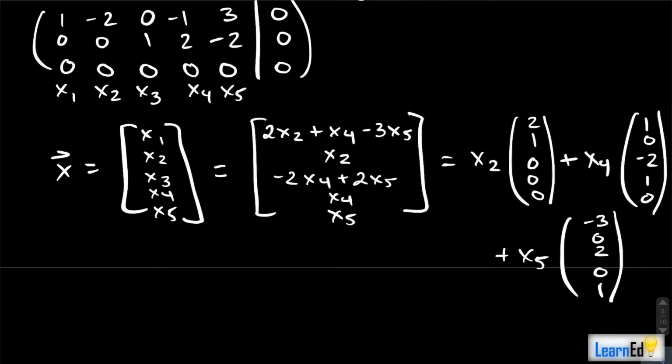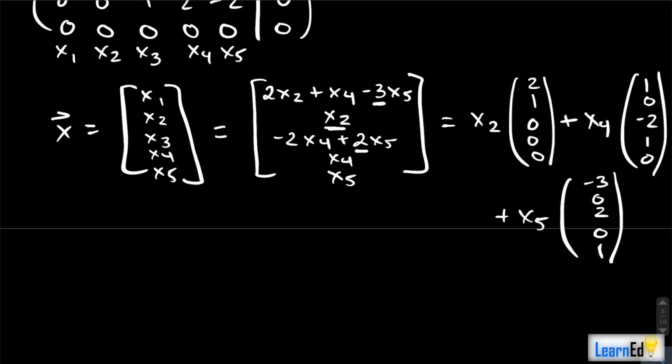Right? And where I'm getting all those numbers from, for x5, negative 3 right here, there's no x5 here, there's a 2 there of x5, so that's the 2 there. There's no x5 here, and there's 1 x5 here. Okay, so that's where those come from. Now, the span of these vectors that we just found, this one, and this one, that's our null space, right?